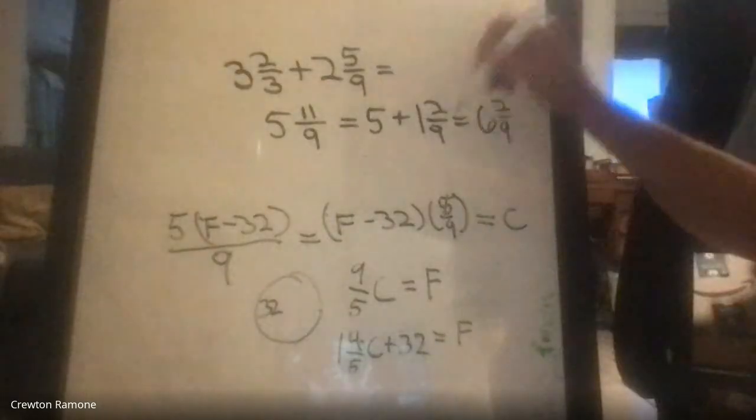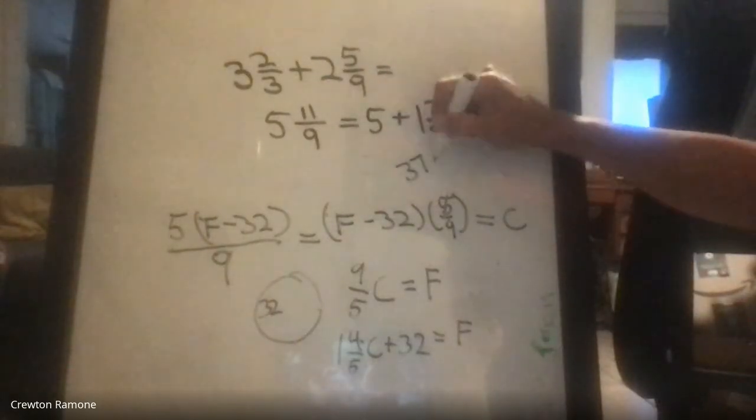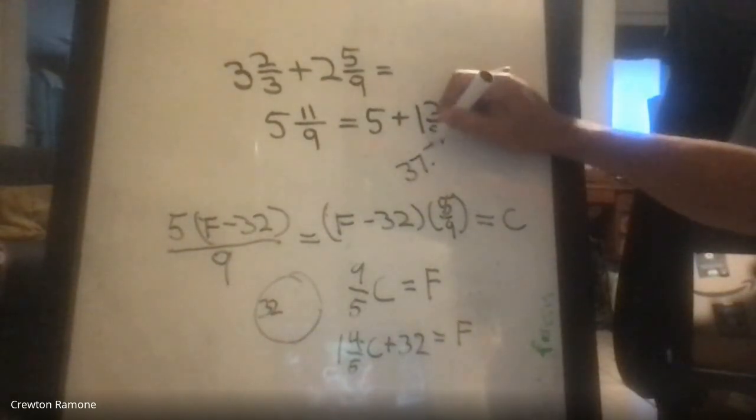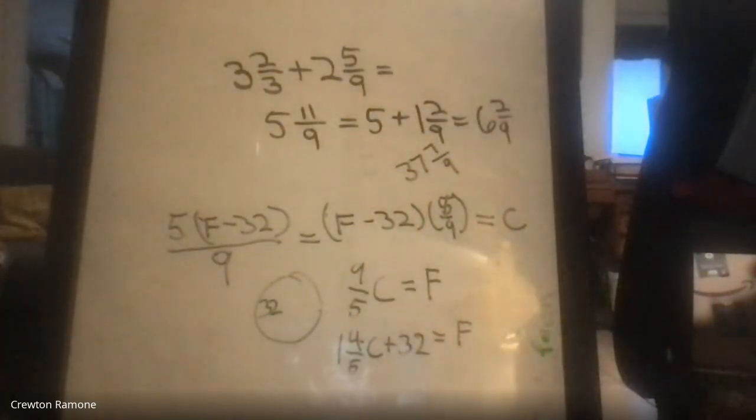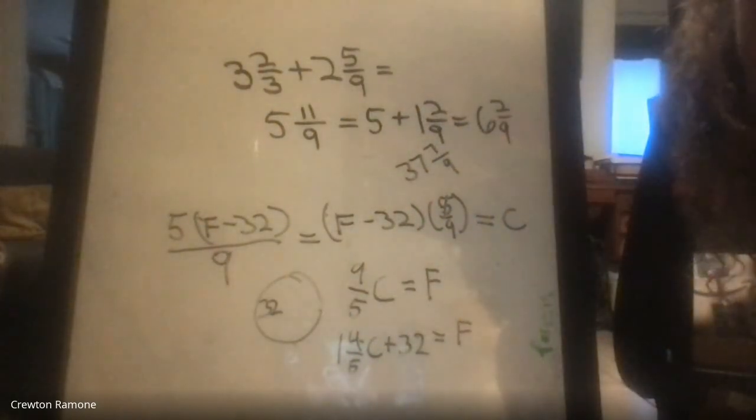I'll make it even better: 37 and 7/9. There you go. Now you've got some fractions to do.